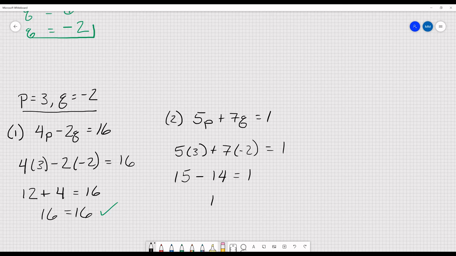And yes, 15 minus 14 is 1. We're satisfied. Our solution is p equals 3, q equals negative 2. And if we wanted to write that as an ordered pair, we just write that in alphabetical order, p before q, so 3, negative 2.